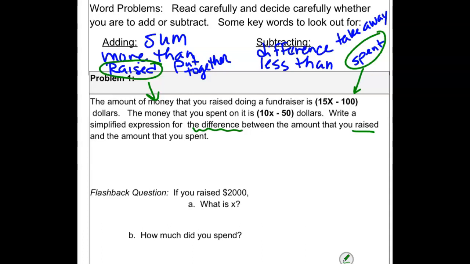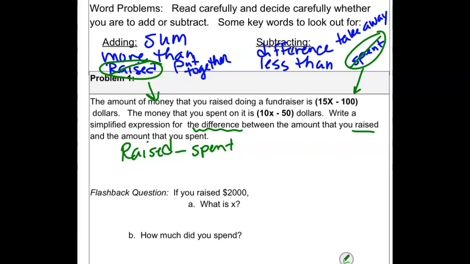So we are doing how much we raised minus how much we spent. So I would be cautious of saying raised always means adding and spent always means subtracting. It depends on the context.